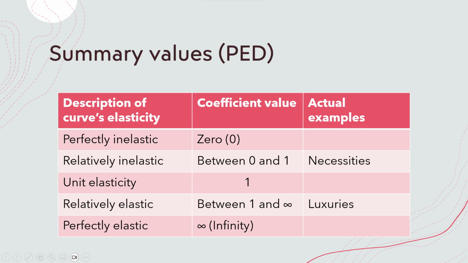The unit elasticity may refer to a situation where changes in price lead to an equally proportional change in demand. In simple words, if price rises by 10%, demand will fall by 10%. Again, this may be a rare situation in real life. Relatively elastic goods have a PED value between 1 and infinity. Examples may include luxury goods like TVs and designer brands.